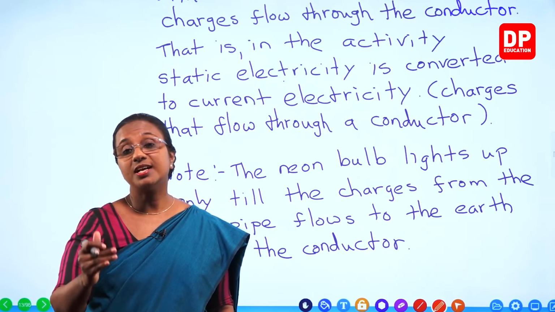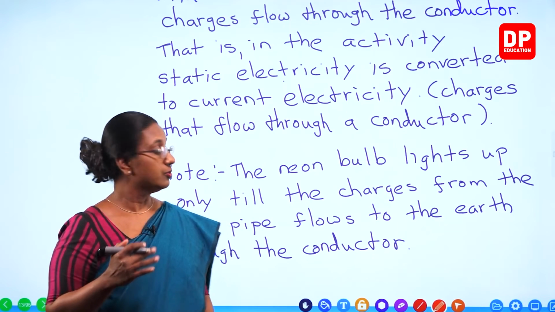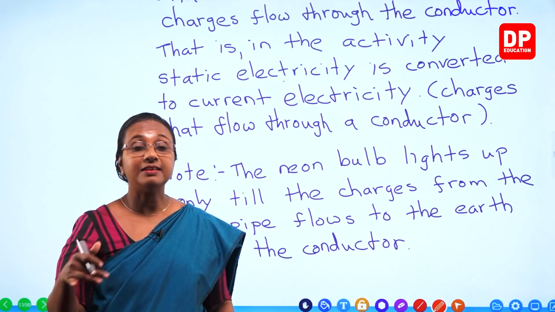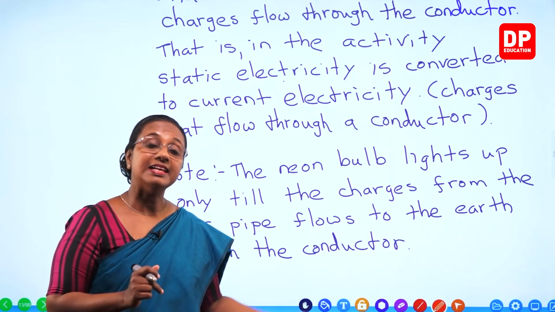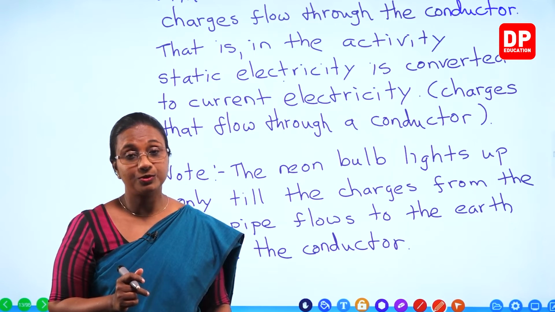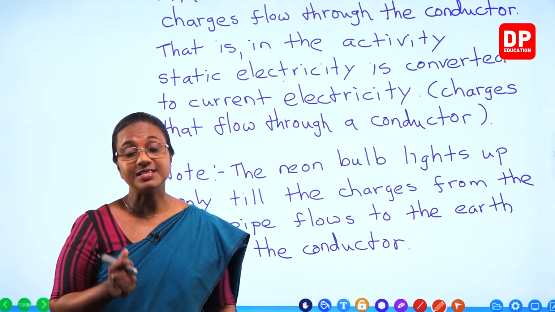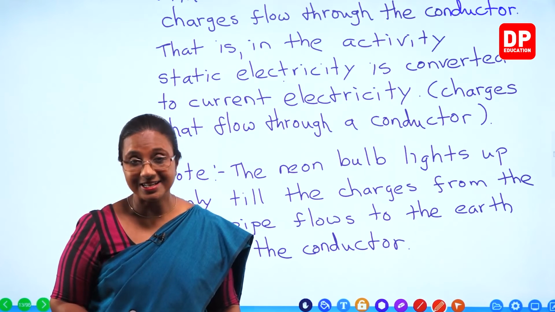The electrons are what can flow. So there should be a source that can supply electrons to flow through a complete circuit, and then electric current will flow through the circuit. That is what we call current electricity. I'm sure you all can understand that.